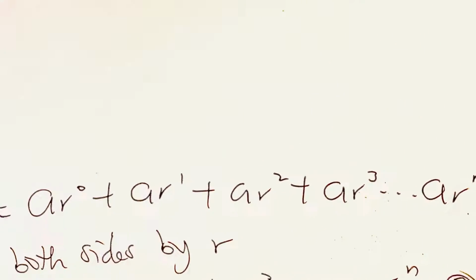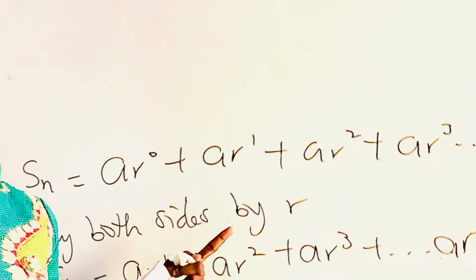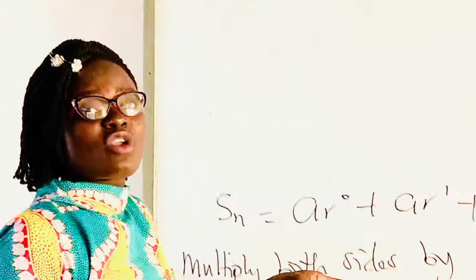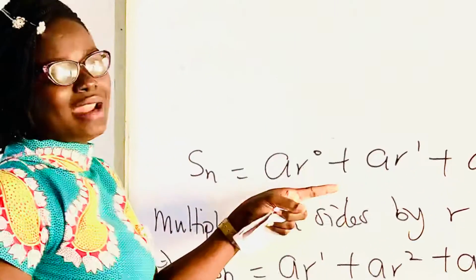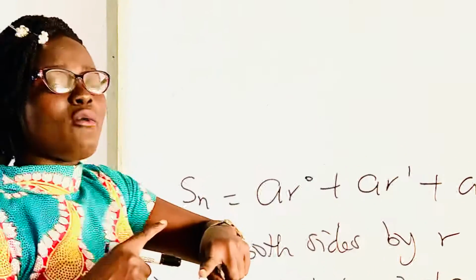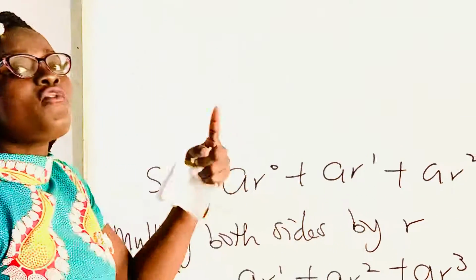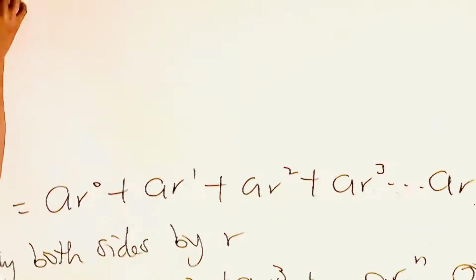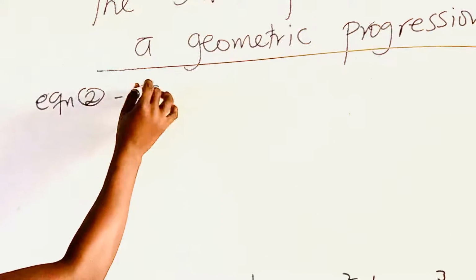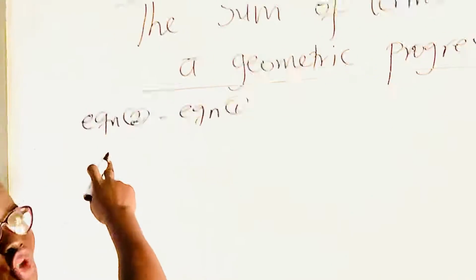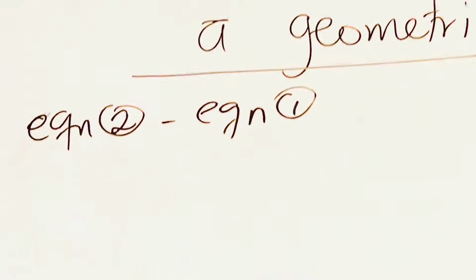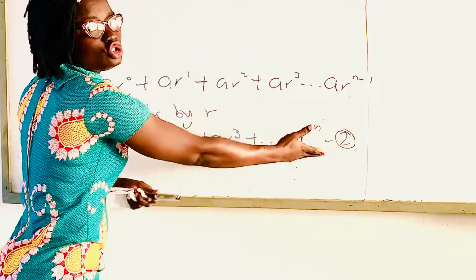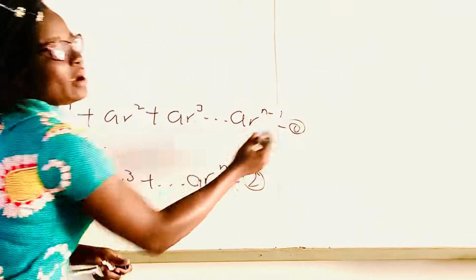This one we are going to use when our ratio is greater than 1. So, as we did for the first one, where we subtracted equation 2 from equation 1, this time around we are going to subtract equation 1 from equation 2. So it's going to be equation 2 minus equation 1. That is our equation 2, and this is our equation 1.